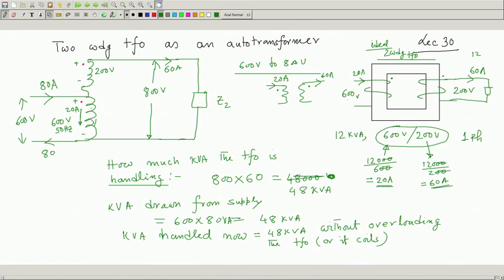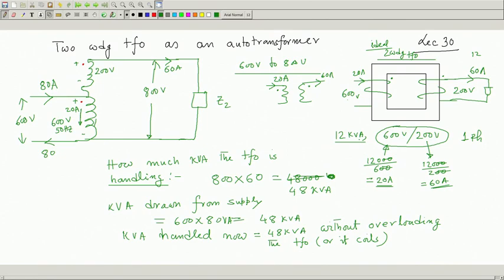It could handle only 12 kVA, but to much surprise, it looks like 4 times more it is handling, is it not? What is the thing which makes it deliver 48 kVA?